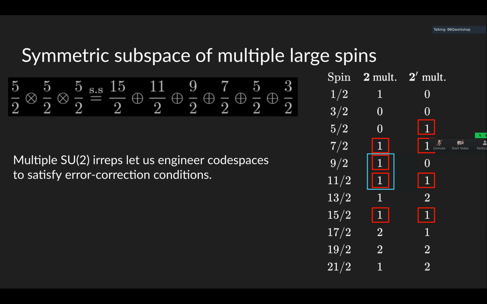And so unlike before, where I had to go up to spin 13/2 in order to get a Clifford code that allowed me to correct my random rotation errors, now just with a collection of 3 spin 5/2, I can engineer myself a code using the spin 11/2 and 9/2 irreps that lets me correct small random rotation errors.